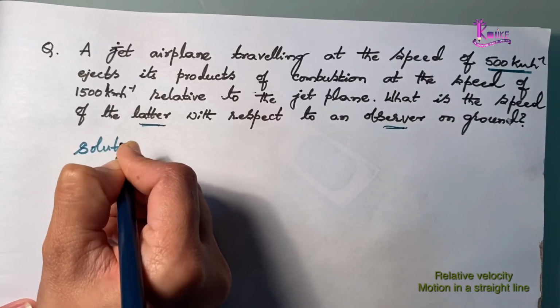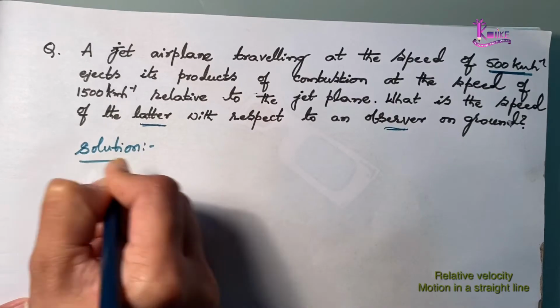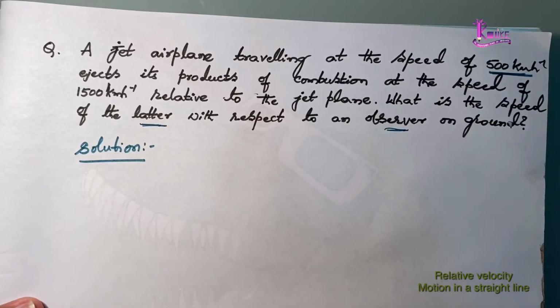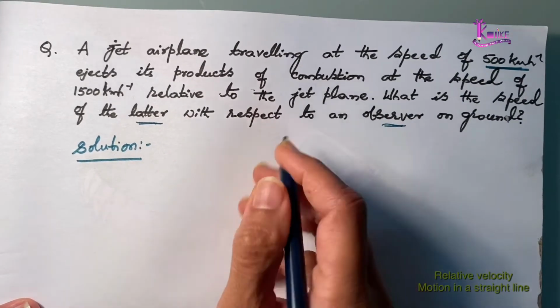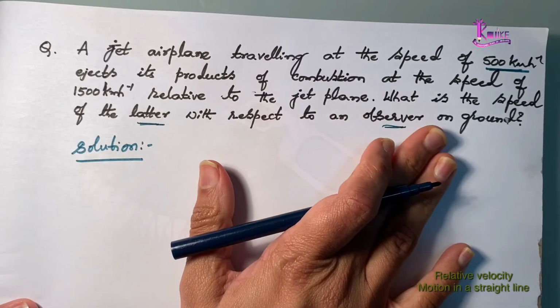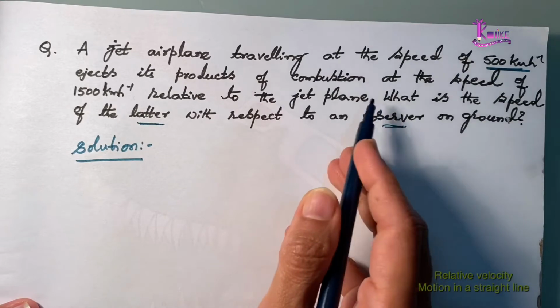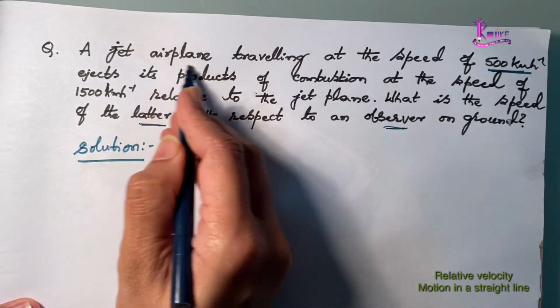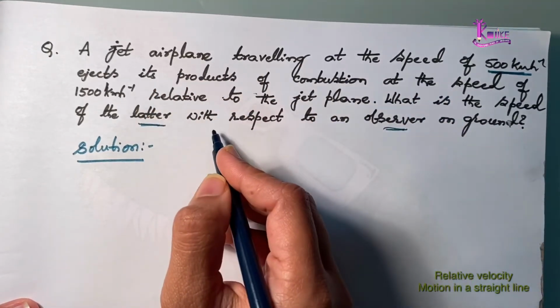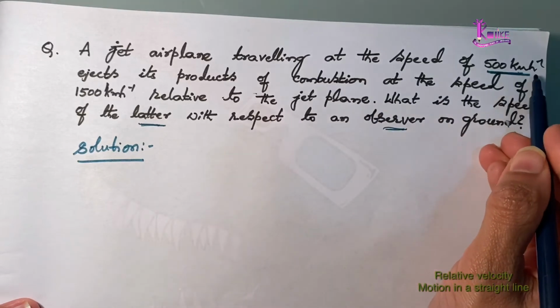It's very simple. You have to just keep in mind that opposite directions should be written with a negative sign. So, we know that the velocity of a jet airplane is 500 km per hour. Now, this is in kilometer per hour.